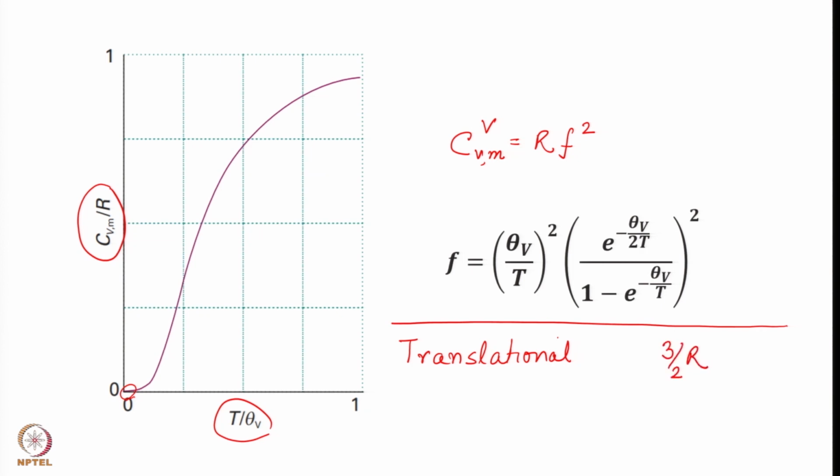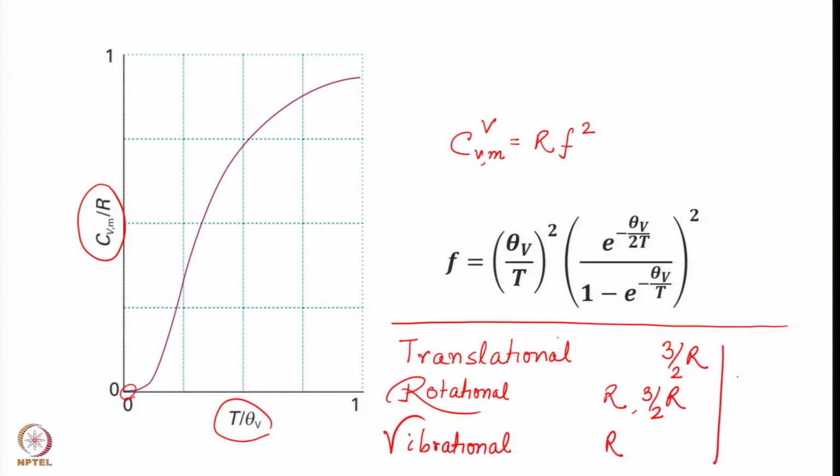We are talking about CVM. Then we talked about rotational. It was either R or 3 by 2 R, depending upon whether the system is a linear rotor or a non-linear rotor. Then vibrational. This is equal to complete R.